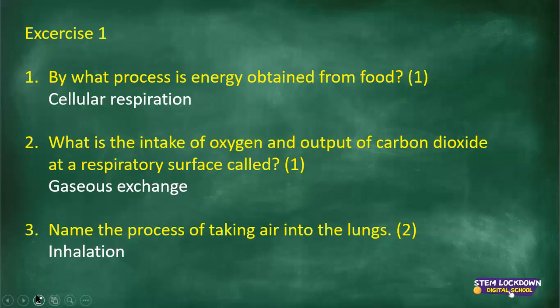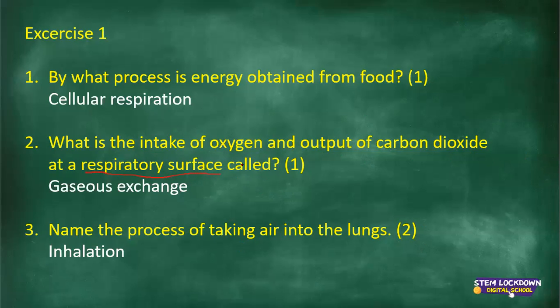Key words here that you need to note before you confuse it: the intake of oxygen and output of carbon dioxide. It can be breathing, right? But they go on to say at a respiratory surface. Gaseous exchange occurs at a respiratory surface.